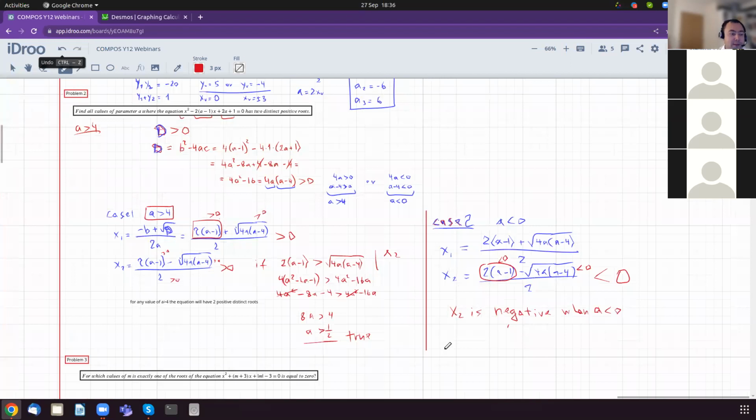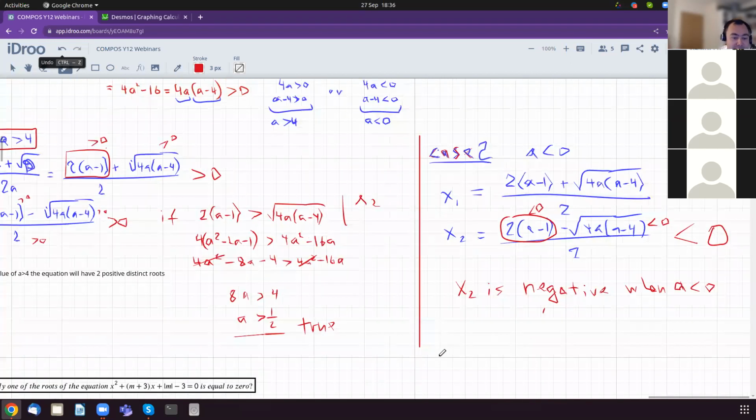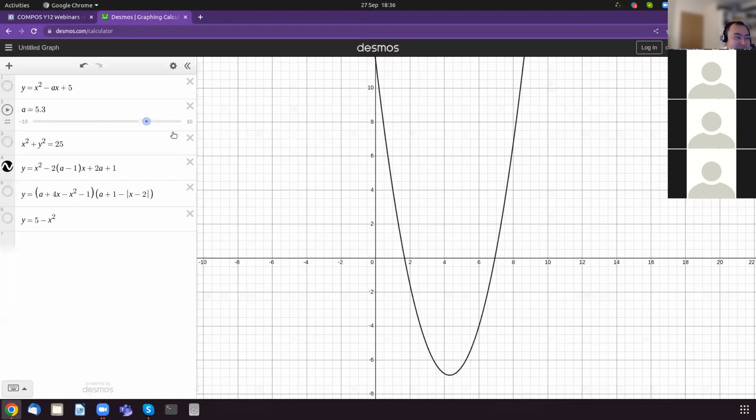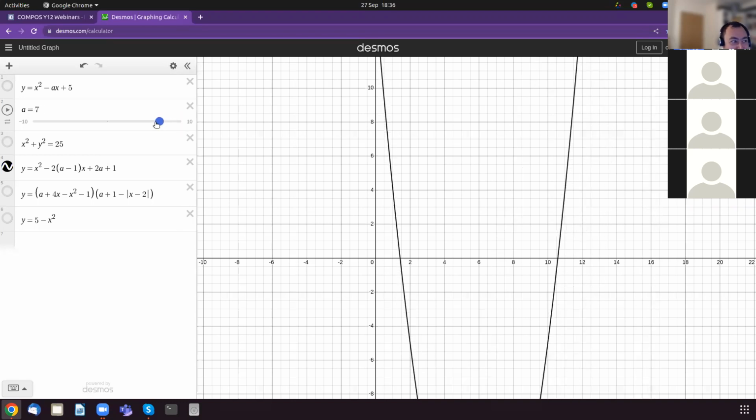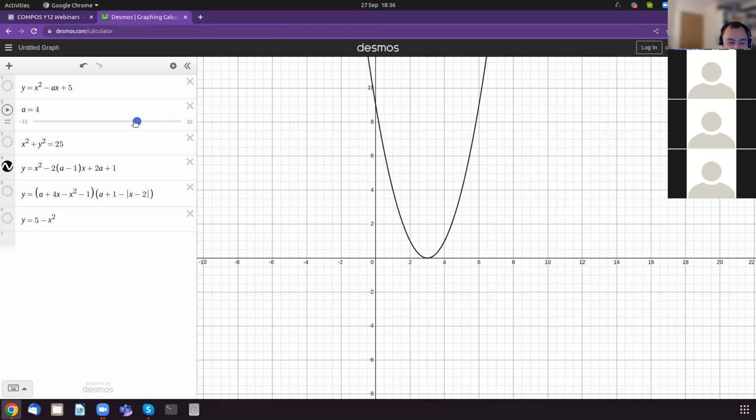That's it. So the answer is a is greater than 4. And we kind of saw that from the very beginning, remember? So a is 10, a is 6, a is 5, a is 4. So a is 4 is not suitable, but anything greater than 4 is.